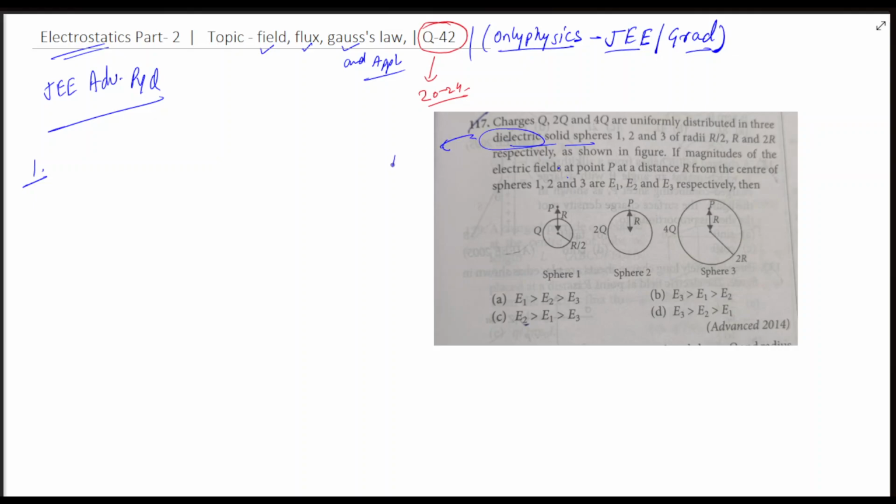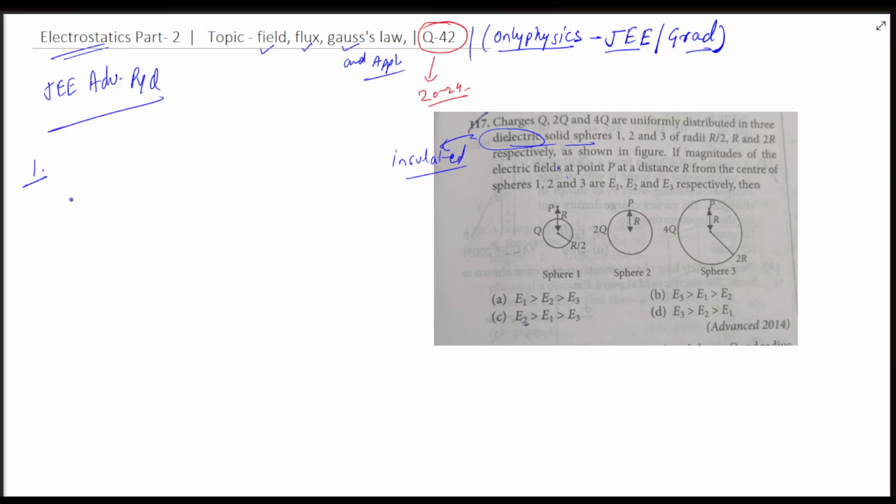Dielectric means you can consider it as insulated, so non-conducting, of radius r by 2, r and 2r respectively as shown in the figure. We need the magnitude of electric field at point P at a distance r from the center of the sphere. In all three cases, we are taking point P at a distance r from the center. It's a very easy question.